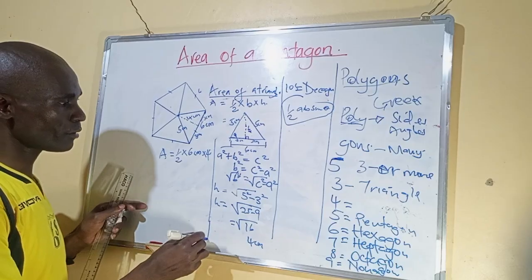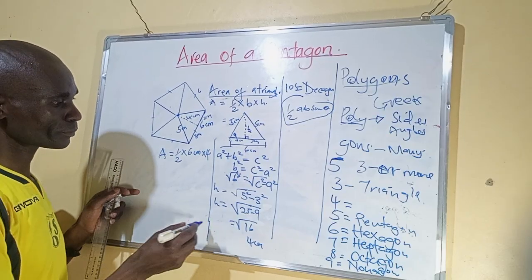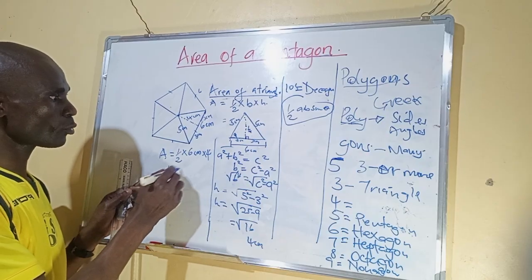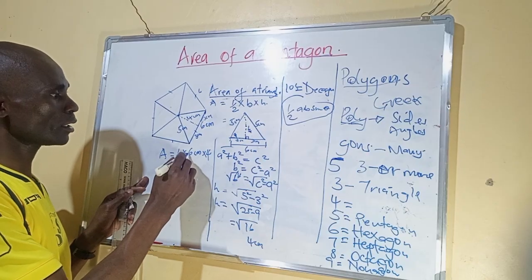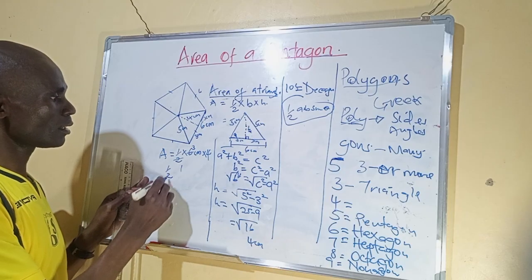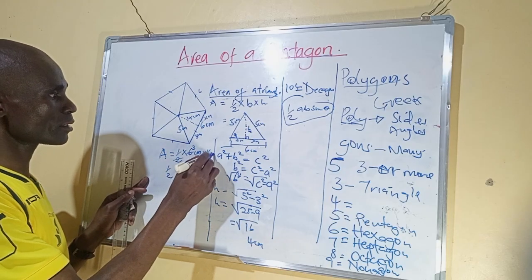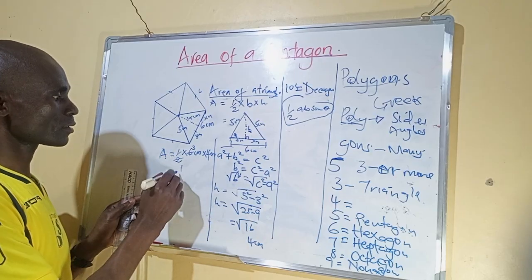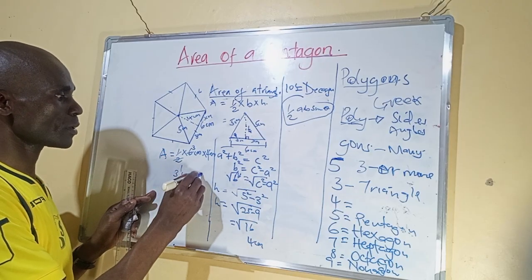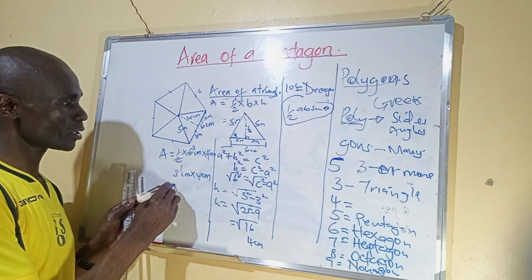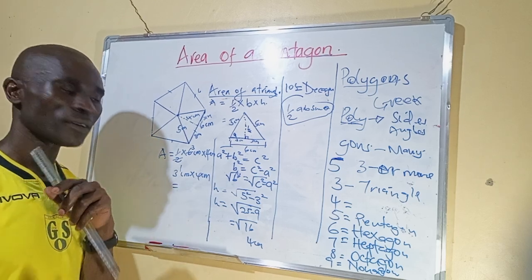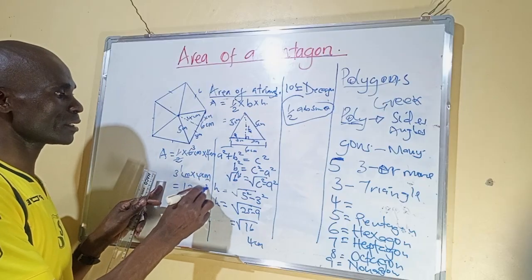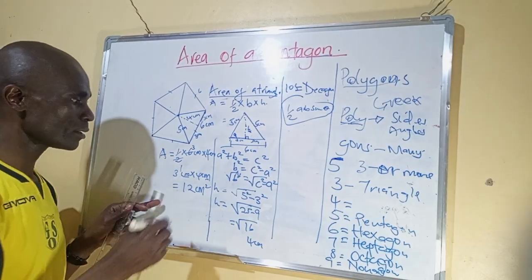Next we work out the half: 2 here, 1; 2 here is 3. Then we have 3 centimeters multiplied by 4 centimeters, which gives us 12. A centimeter multiplied by a centimeter is squared, so it is square centimeters.